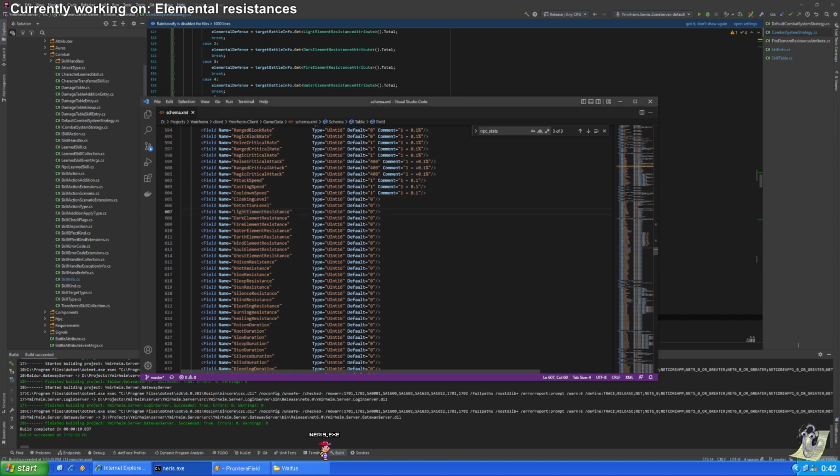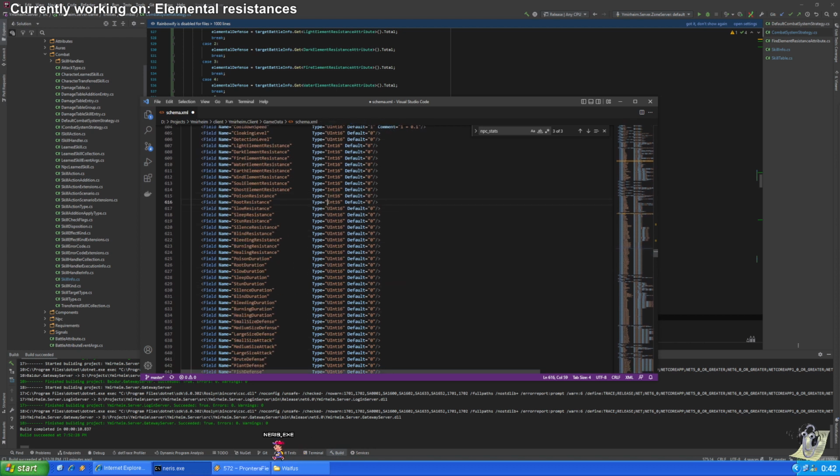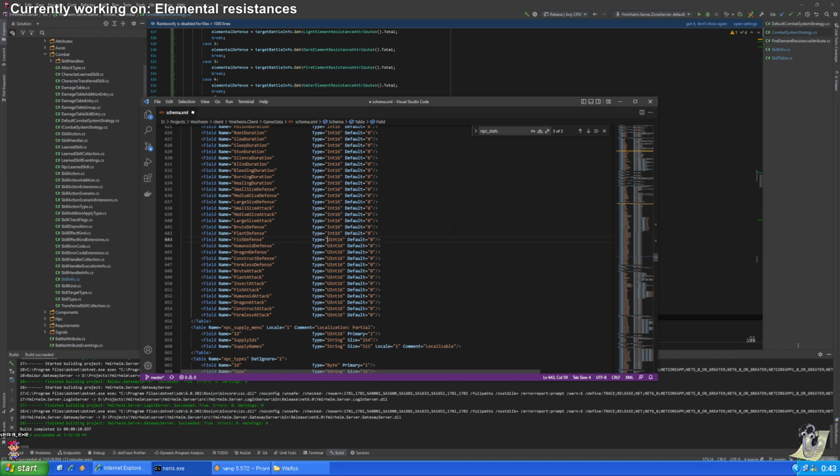These resistances are assigned in these, all of that is assigned.